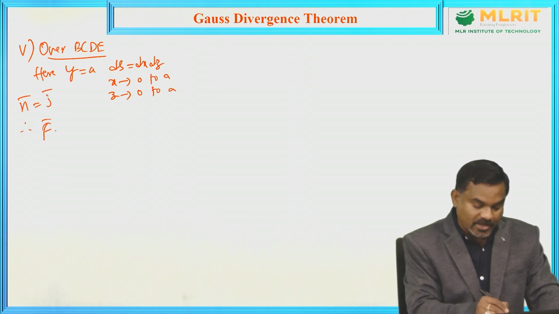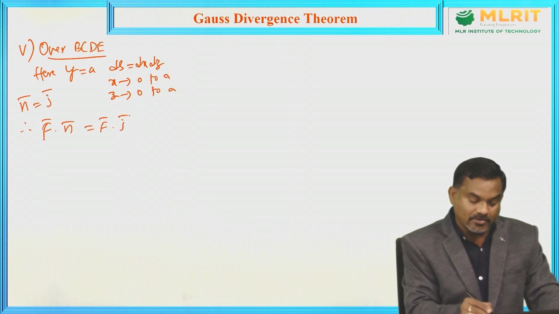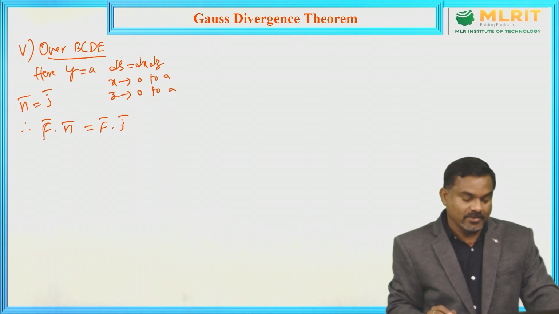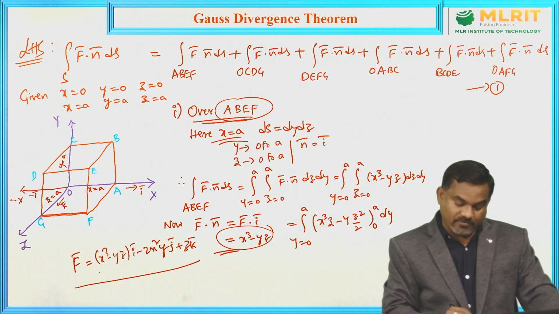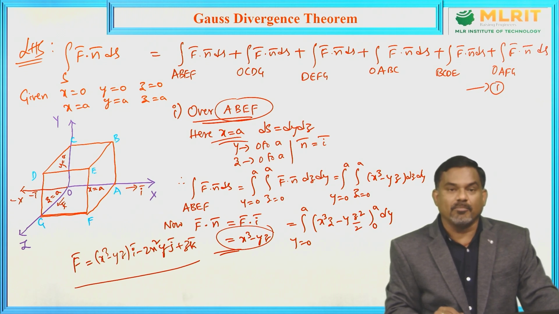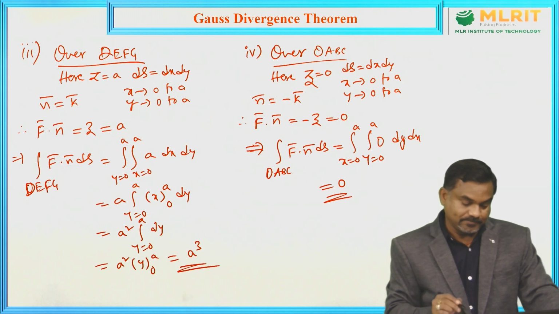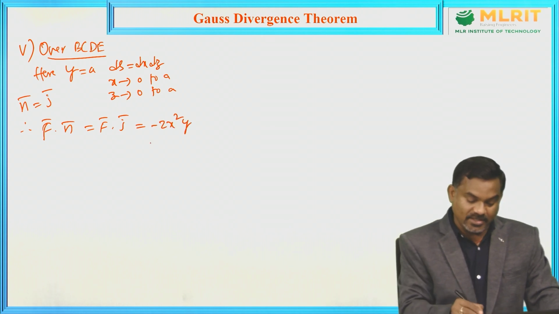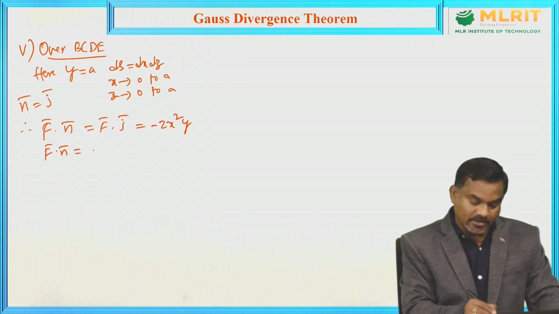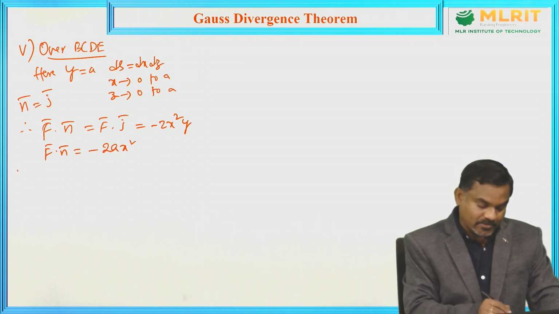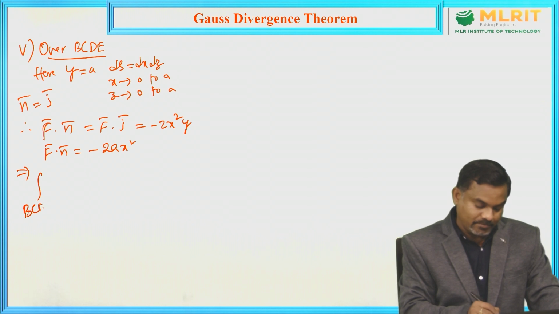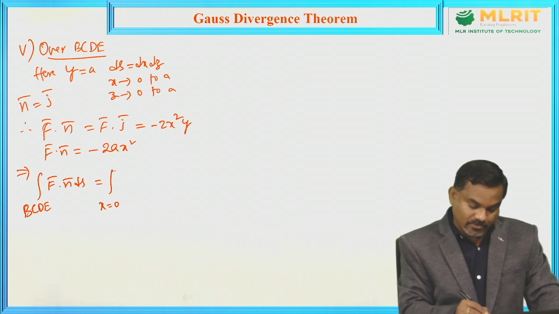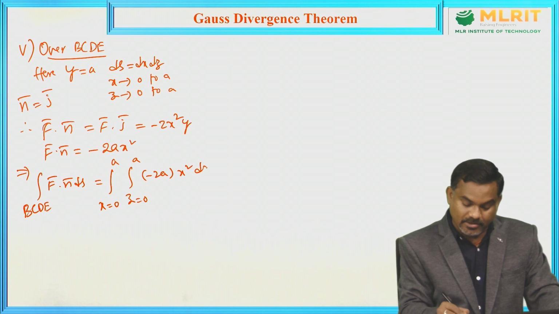So therefore we need to calculate f bar dot j bar to find f bar dot n bar. The j component of the vector is minus 2x square y, and since y is a, our f bar dot n bar is minus 2a x square. So the surface integral over the face BCDE of f bar dot n bar ds is x from 0 to a, z from 0 to a, minus 2a x square dz dx.